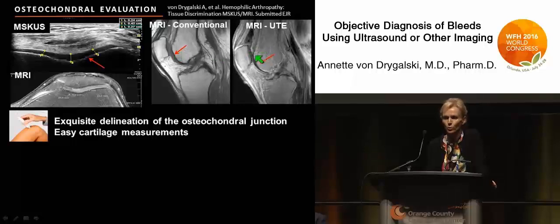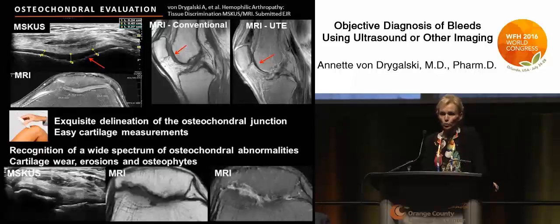These are research sequences. Now this line is white, and you can see that it's somewhat broken and irregular, confirming what's visible here on the ultrasound. Also, you can see how easily cartilage measurements are feasible. They are not so easy doable on MRI, where the beam is not perpendicular to the cartilage and where one is subject to slice size.